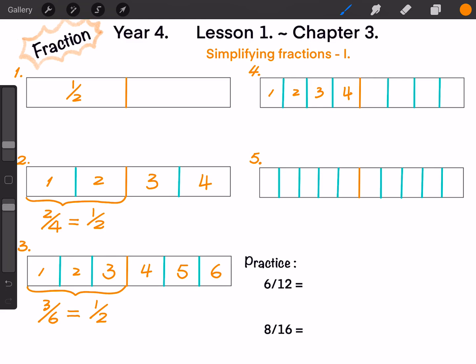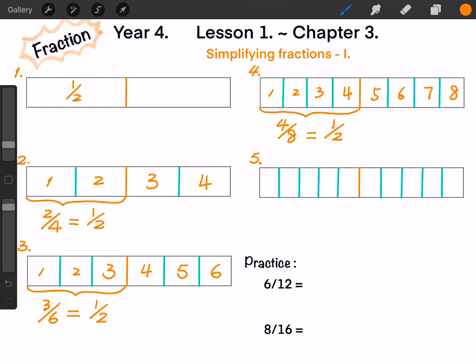Another 3 blue lines divide the right part into another 4 equal parts. Now, the whole rectangle has been divided into 8 equal parts. At the same time, 4/8 equals to 1/2.